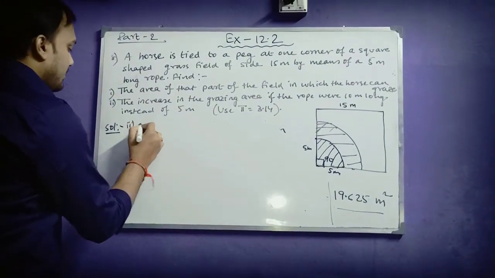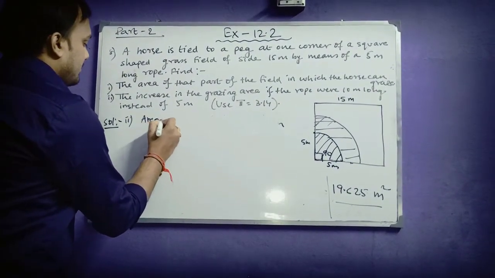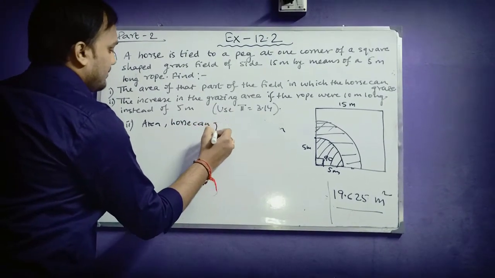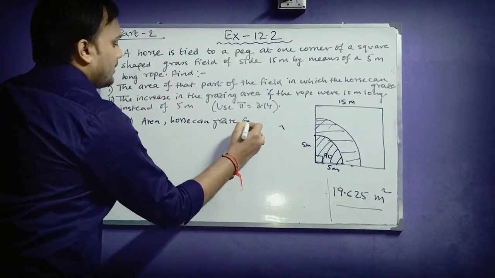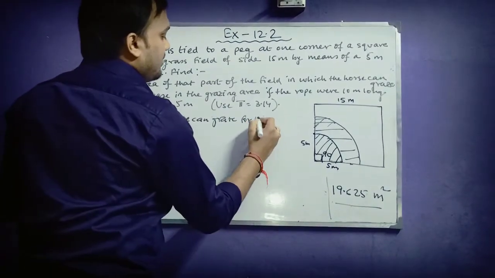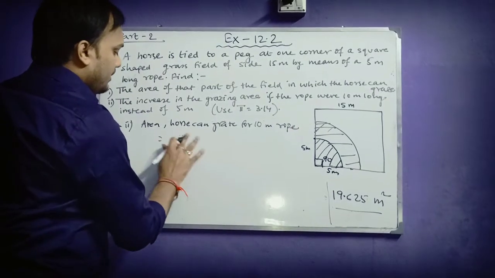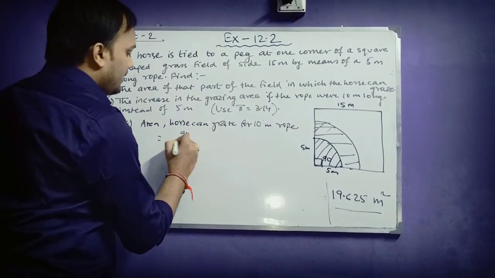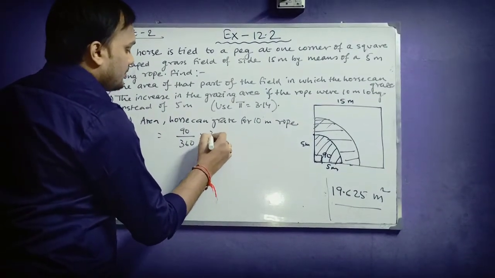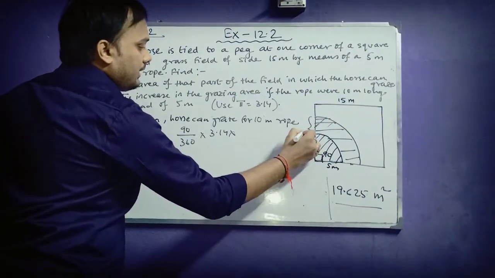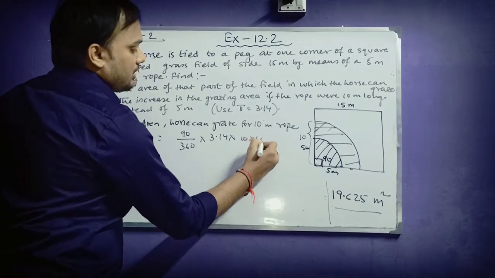It will be the area the horse can graze for the 10-meter rope, which will be equals to theta, directly if I can write 90 by 360 into 3.14 into r, which will now be 10. That means 10 into 10.